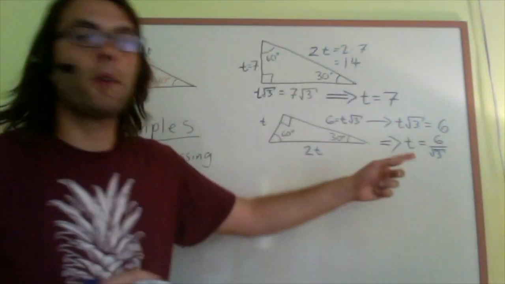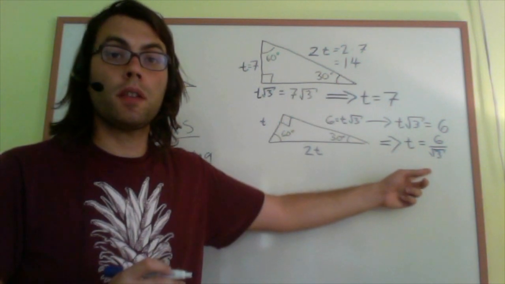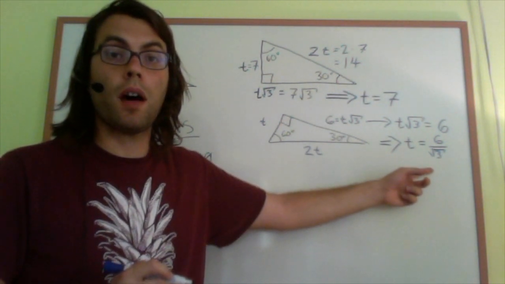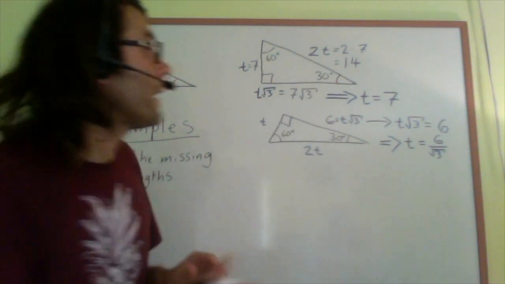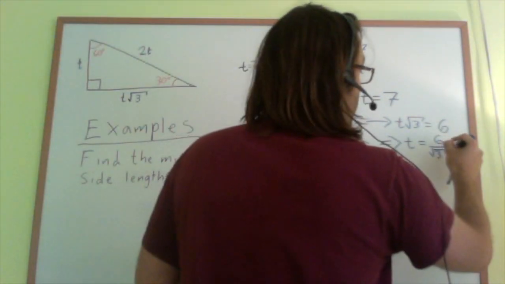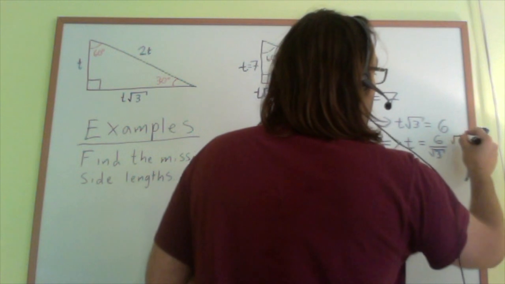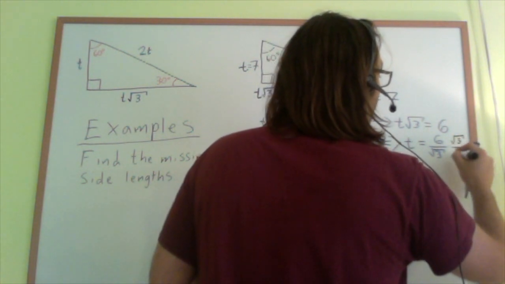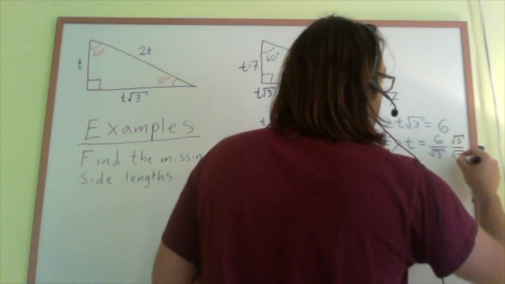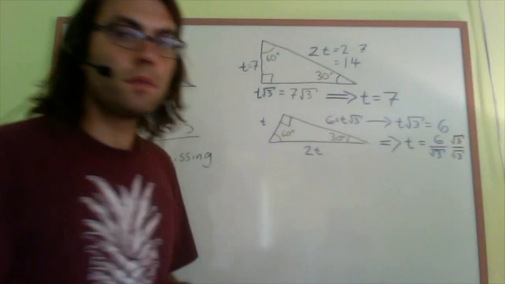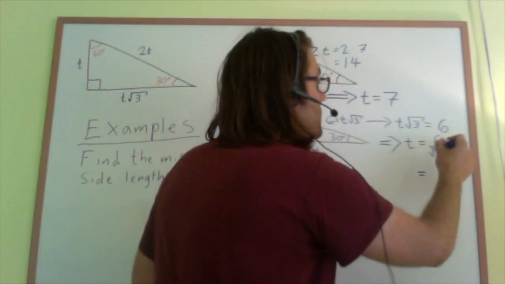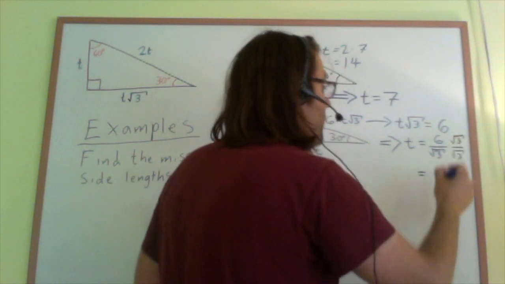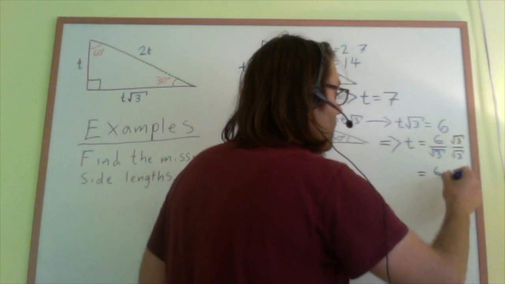Okay, now we need to rationalize the denominator. You do that by multiplying the top and bottom by the square root of 3. And this is valid because root 3 over root 3 is 1. Okay, now 6 times root 3 is 6 root 3.